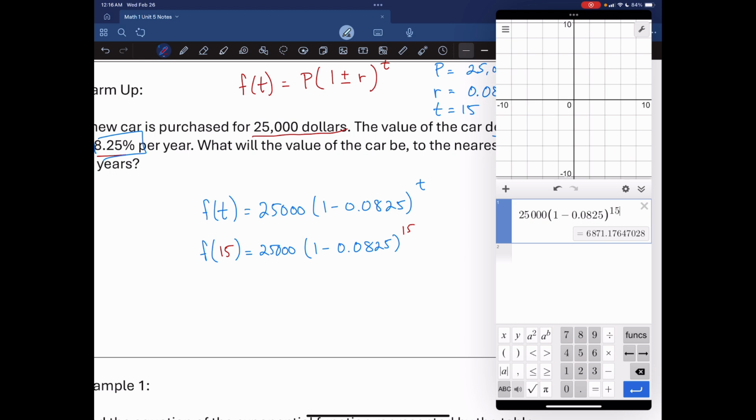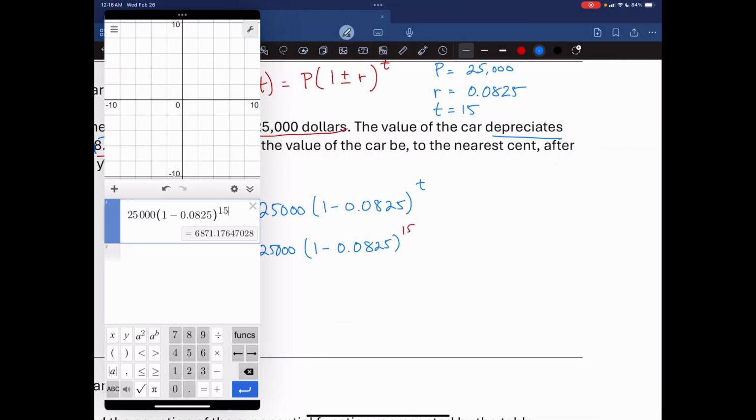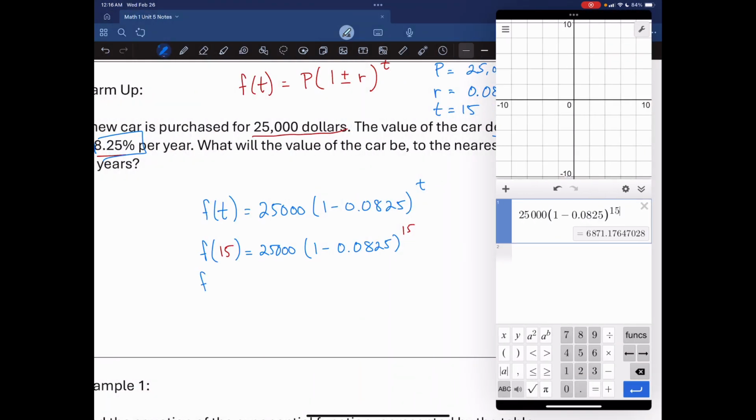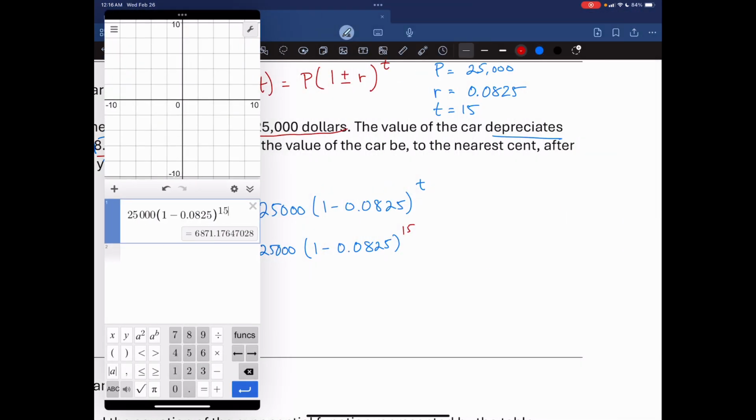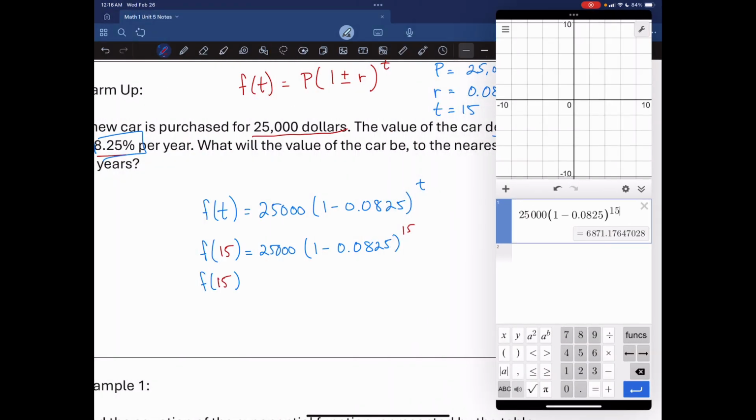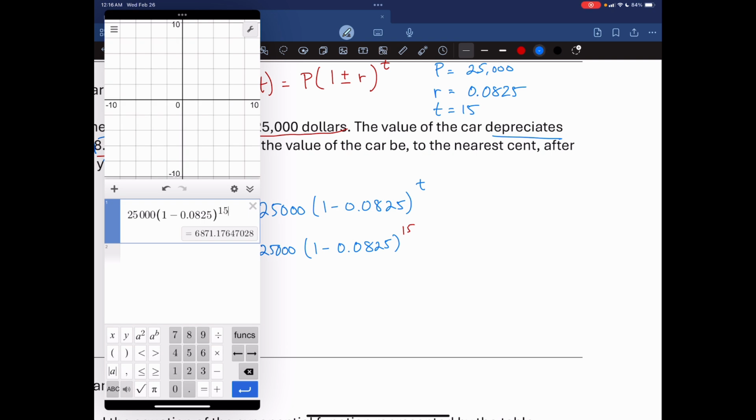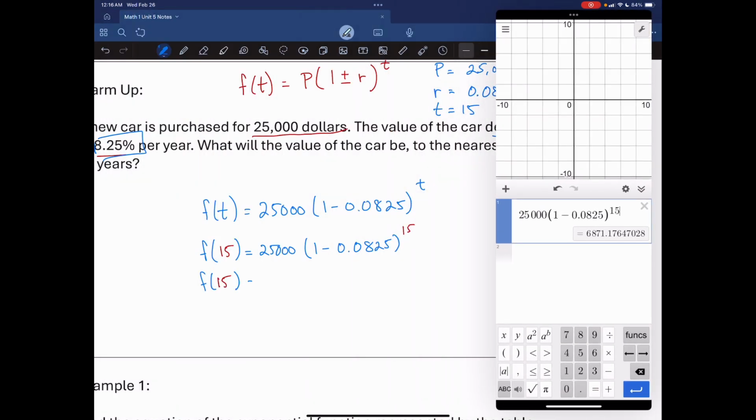So if I want to write this, let's go ahead and do this. We need it in blue. So we're going to say f of 15 is going to be 6,871.1764.